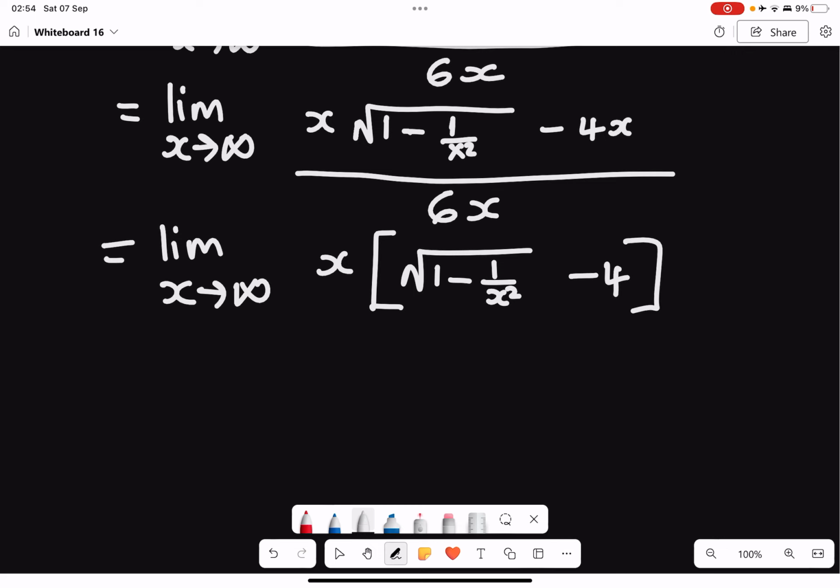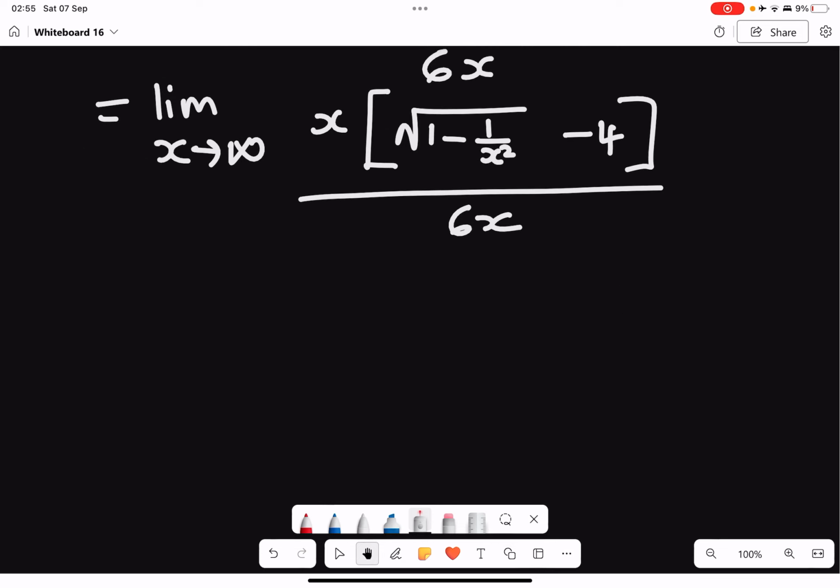And then this is all over 6x. And then we can see that this guy and that guy are going to cancel each other. So I'm cancelling them out. I don't like cancelling using a pen. I just cancel it in my mind so that my work is presented as neat as possible.